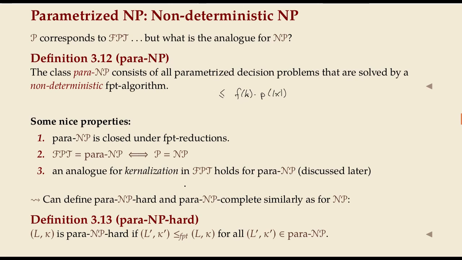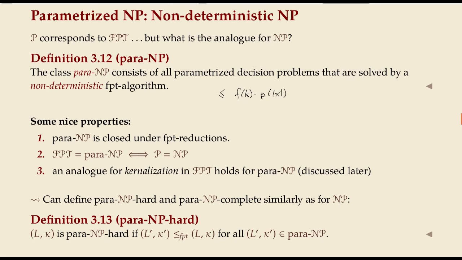And also a third property of FPT can be transformed to the non-deterministic world. That's the idea of kernelization that we will discuss in a few sessions. Even though you don't yet know what it is, I just wanted to add the point that this also generalizes nicely.